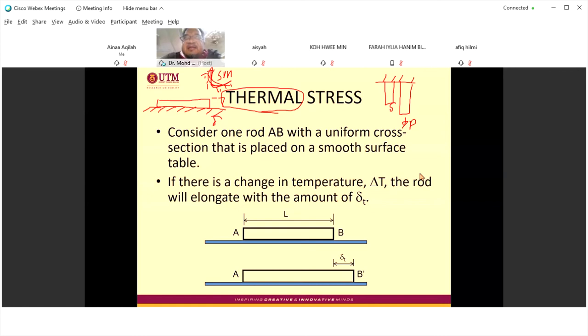Okay, the initial length is L when P equal to 0.